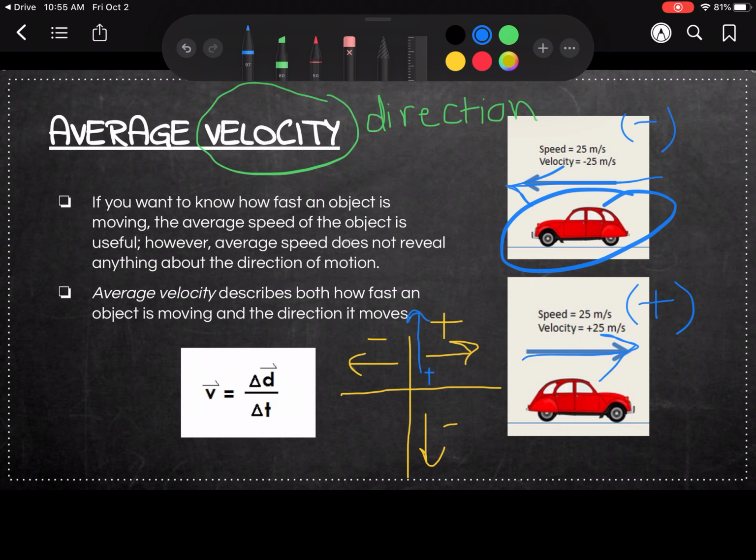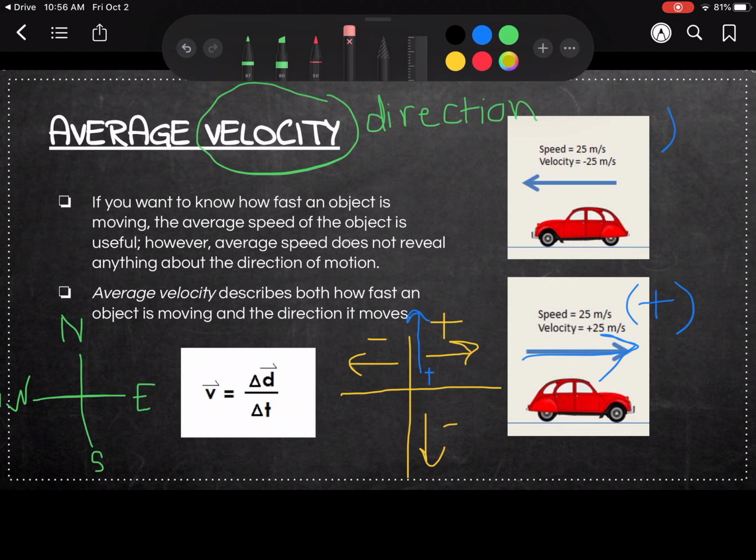Another thing to note is sometimes we don't use positives and negatives. We actually use compass coordinates, so we use north, east, south, and west. So on these cars, we can look at them and say they are going a certain direction, not just negative and positive, but we can also say that this car is going west.